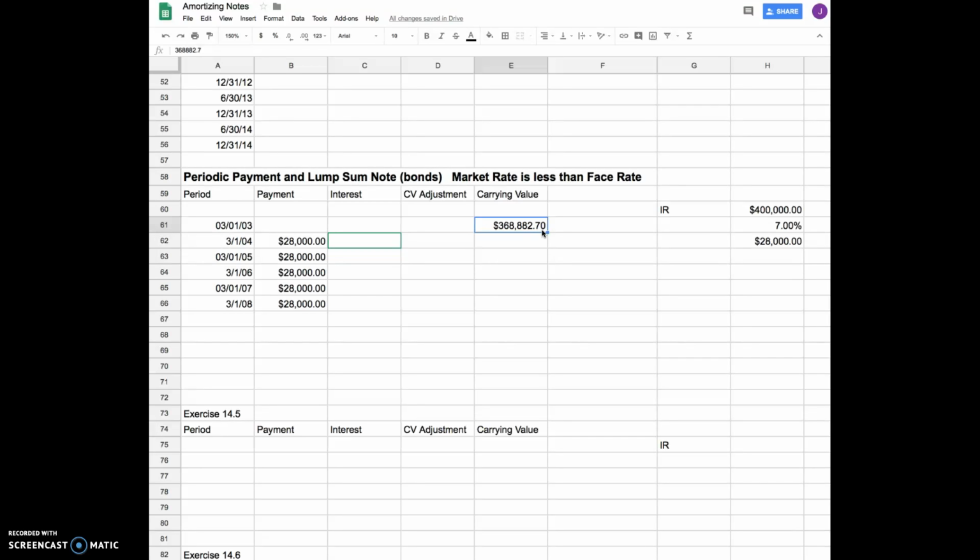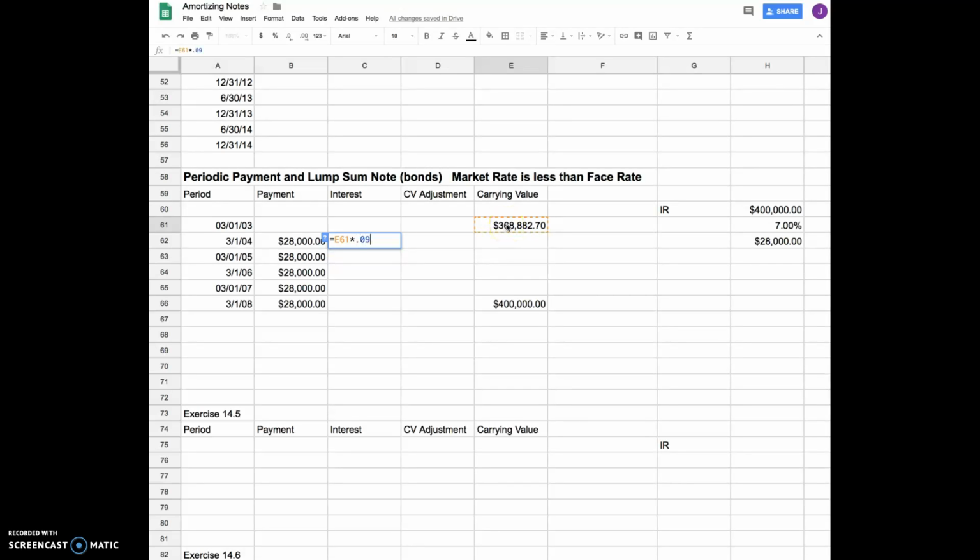Now it's very simple. Where did my 400,000 go? It should be currency. So we know that the first interest payment is going to be the carrying value times the market rate of interest. So I'm going to go equal sign carrying value times 0.09.